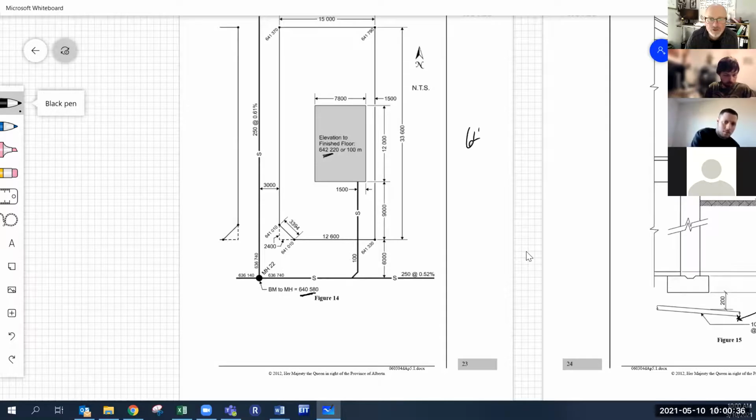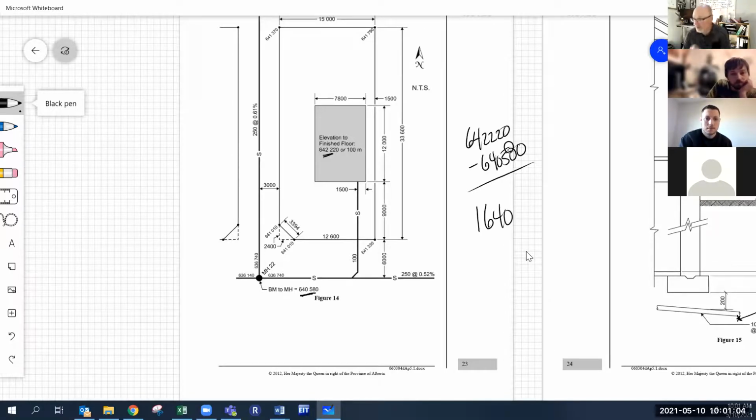642,220 minus 640,580 is a difference of 1640.